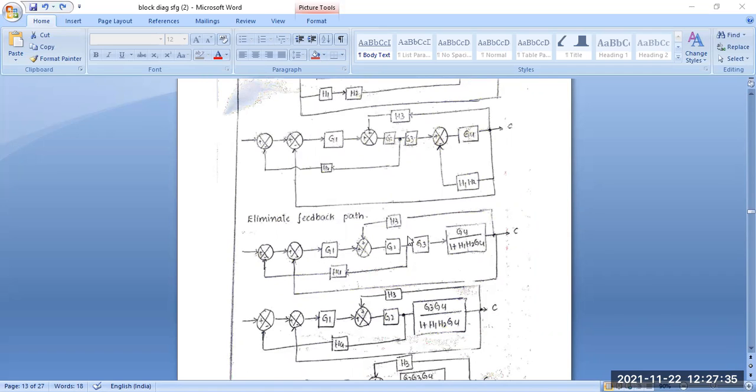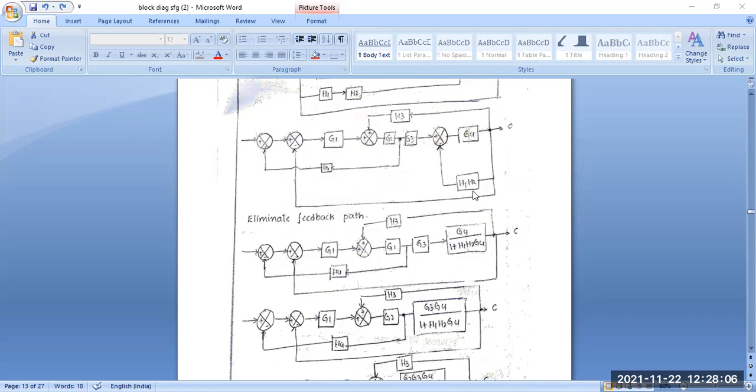This is G1, then G2, G3 and H3, and this is H4. This is H4 and this is H3. And H1 and H2 we have to combine in this block. The equation is G4 by 1 plus H1 H2 G4, because we have to know that for negative feedback the equation is G by 1 plus G(s)H(s).